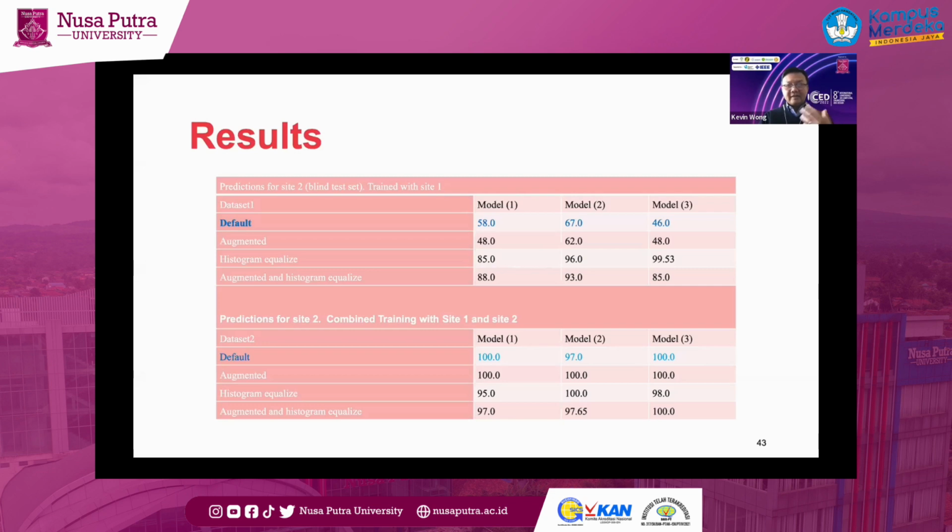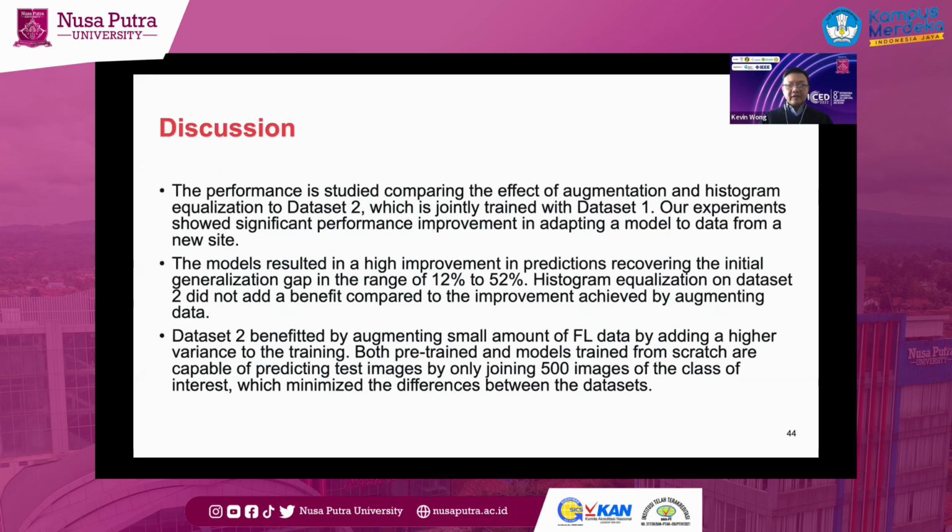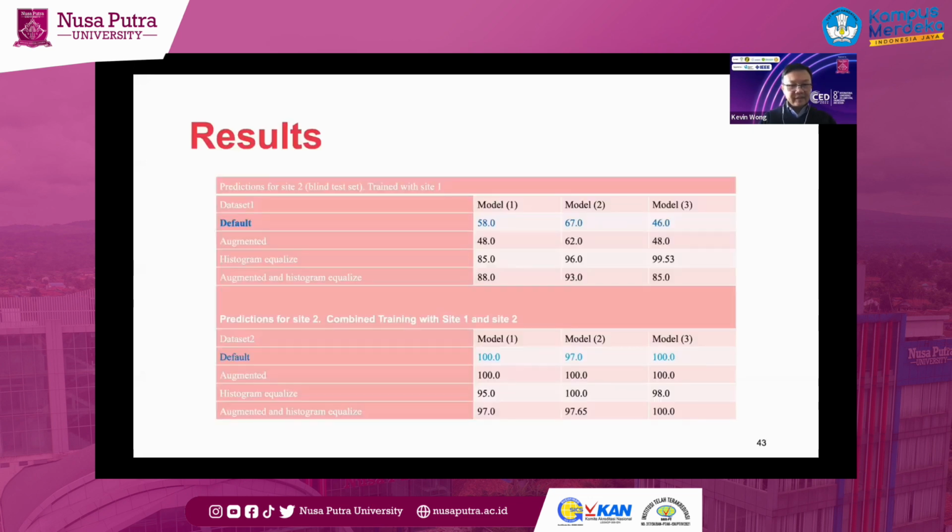So this is one of the exercises that we're also working on with them to keep refining the transfer learning. There's something that I forgot to show you. If you look into the augmented and histogram equalizations, if you are just using one site data, the augmentation doesn't really help much, but the histogram equalization actually helps quite a bit.